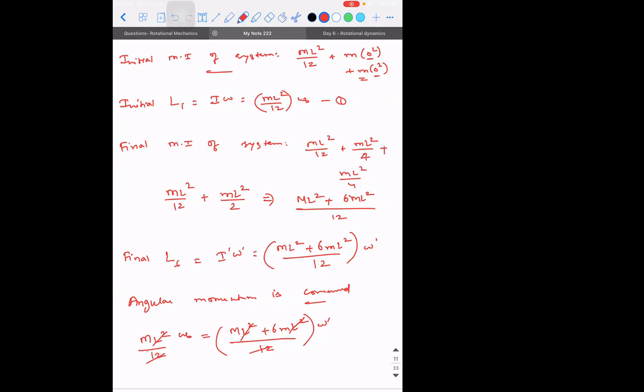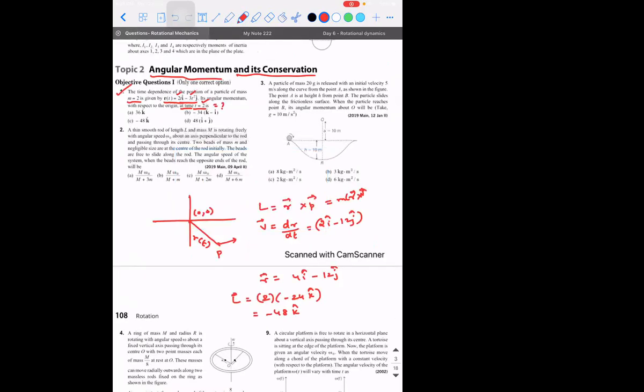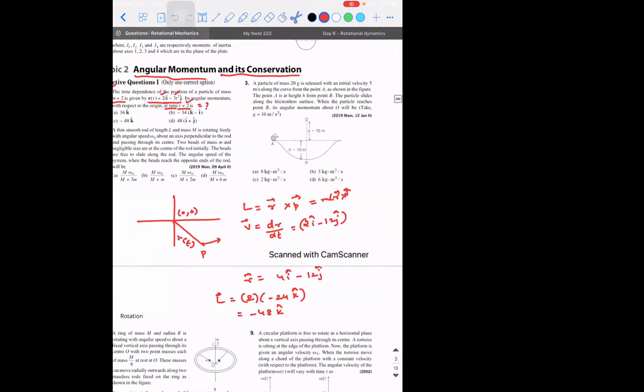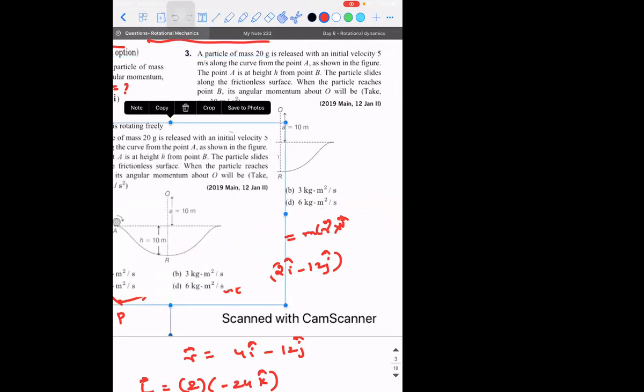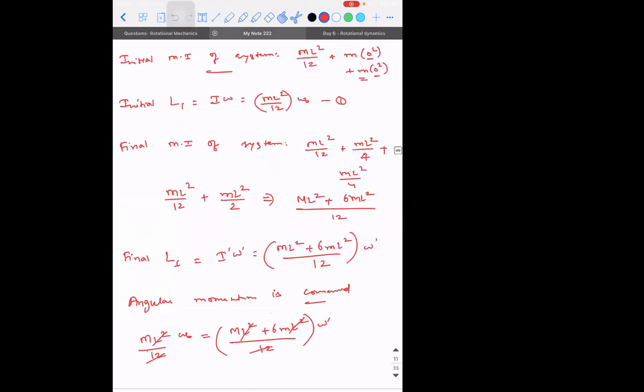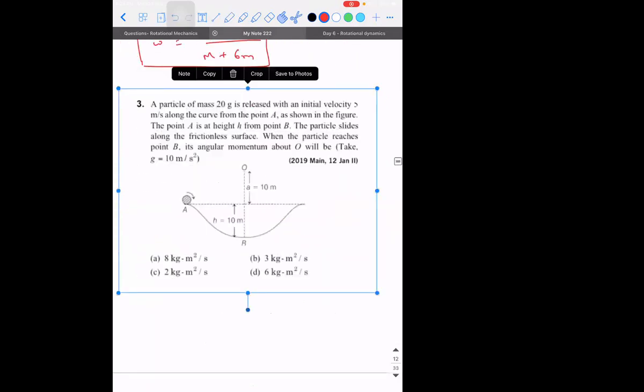Right? I'm proceeding to the next problem. So the next one is, a particle of mass, 1 minute. Yes.